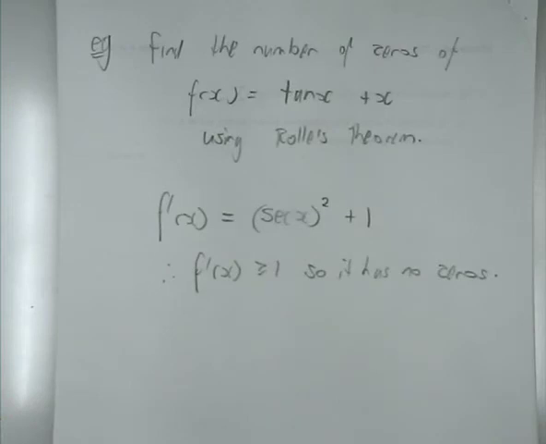So let's think about this. If f had 2 zeros, Rolle's theorem would tell you that there would be a 0 of f dash between them. So f can't have 2 zeros, because there would then be zeros of f dash, and f dash doesn't have any.